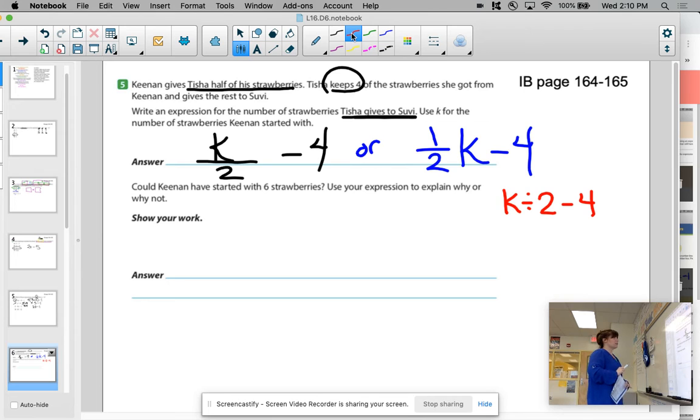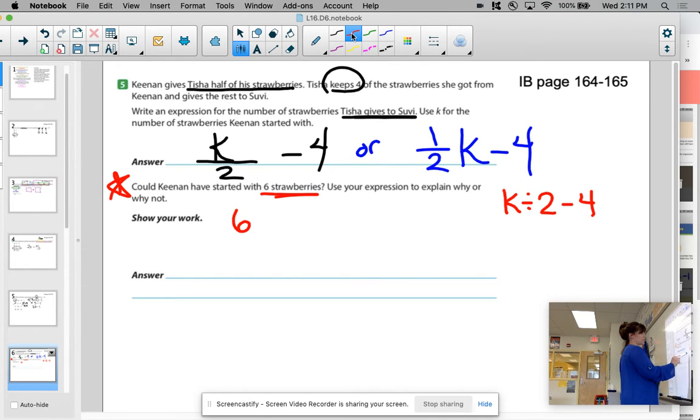All right. So now the question, and this is going to be very similar to what you're going to have in your quiz. So hopefully this made sense when you tried it on your own. If he had 6 strawberries total, could this work? So let's pluck and plop and see.